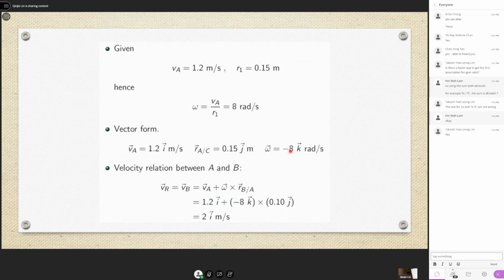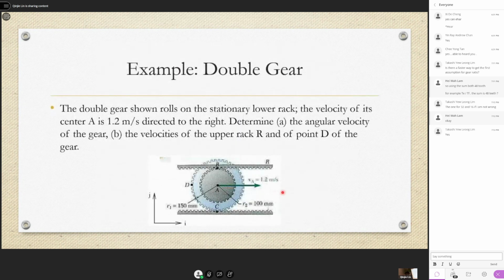So back to the diagram. i is to the right, j is to the top. Where is k? Pointing towards you, out of the screen. That's the positive k axis. It's always the same one. But you see this gear is rotating to the right.